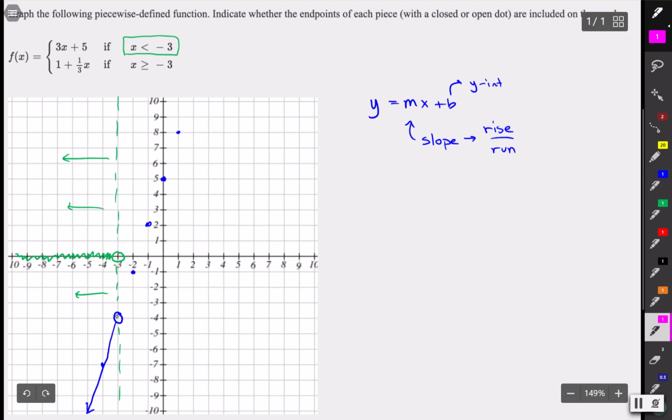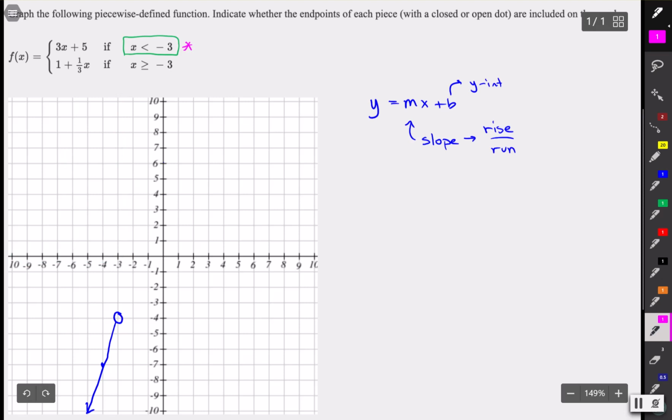So from here forward, the line does not exist because we're restricted to where the x values are less than -3. So we'll remove that portion. And none of this stuff was actually part of the graph, so I'm going to go ahead and remove it. And then we'll work on the next portion.